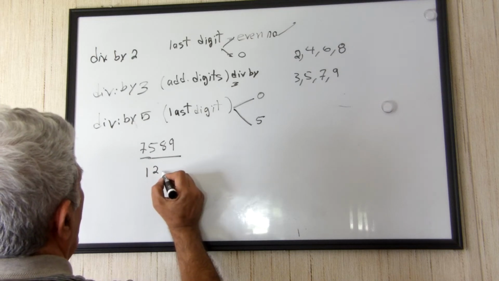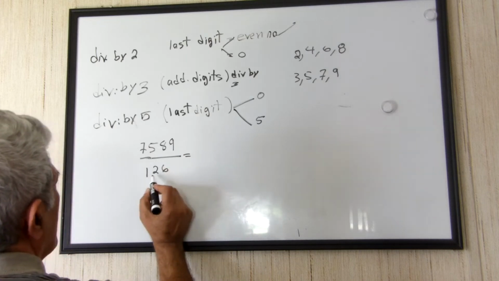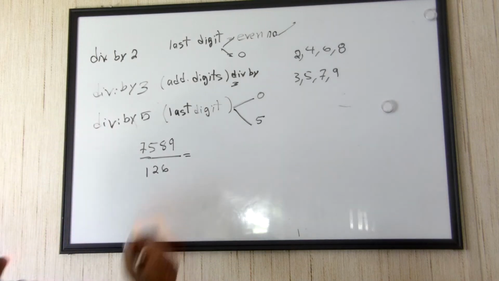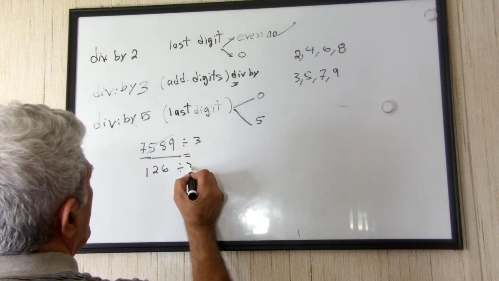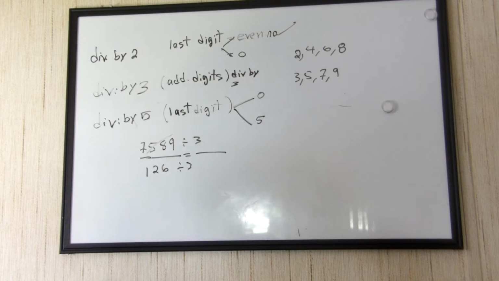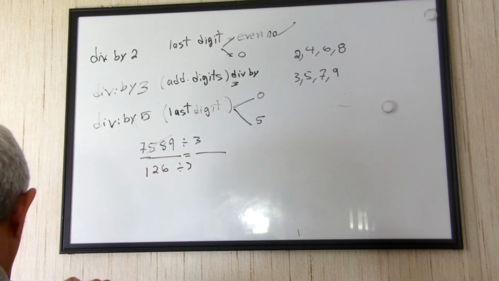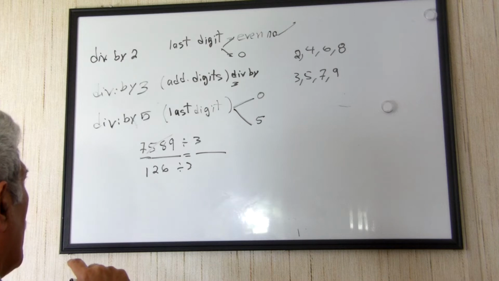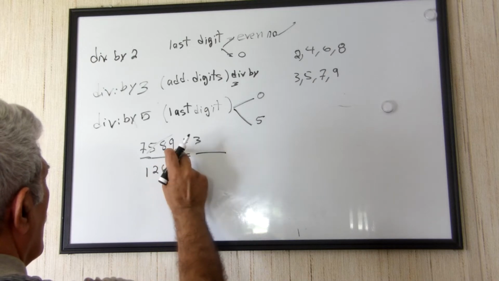Now we write a number here, 126. This one is divisible by 3: 6 plus 2 is 8, 9. So we can divide both sides by 3. What is going to be the answer? 7, 5, 8, 9, 27, I'm sorry.